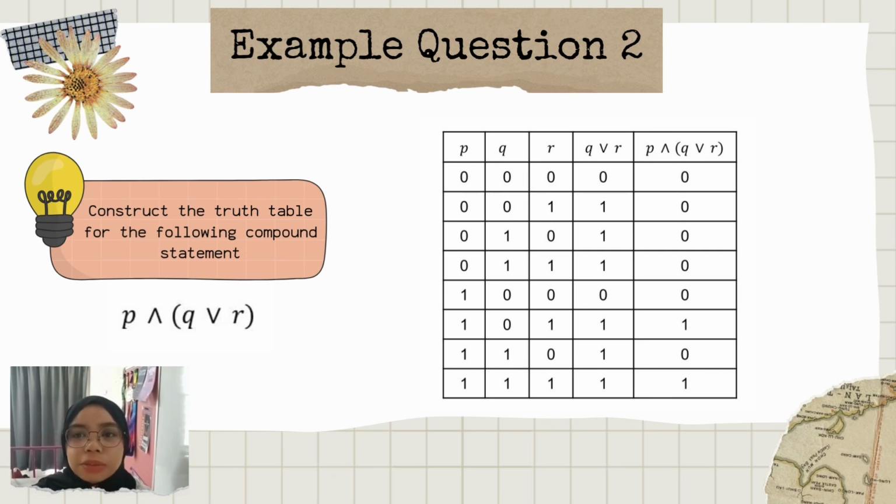After that, we construct this compound statement P and Q or R. If the truth values are both false, then the truth value for P and Q or R is false, otherwise it's true.